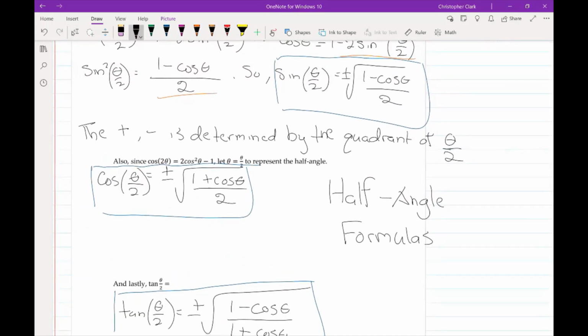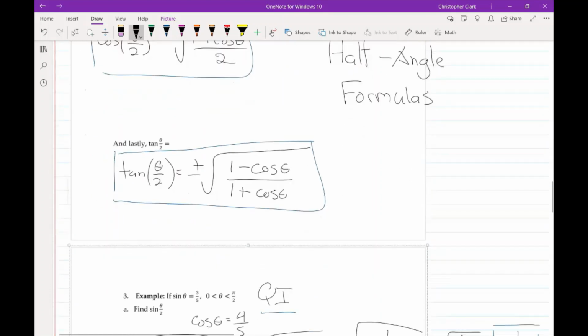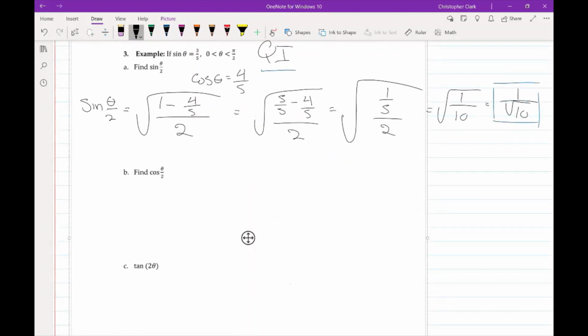right? So sine of theta over 2 is equal to plus or minus the square root of (1 minus cosine theta) divided by 2. So we're going to do something really similar here. To find cosine of theta over 2, it is equal to plus or minus the square root of (1 plus cosine theta) over 2. So let's go ahead and write that.